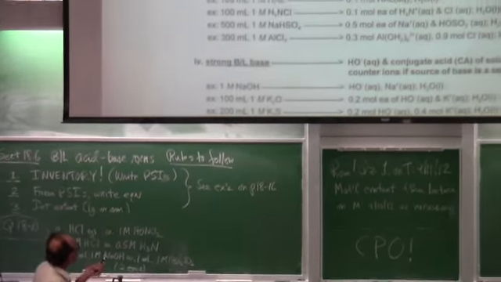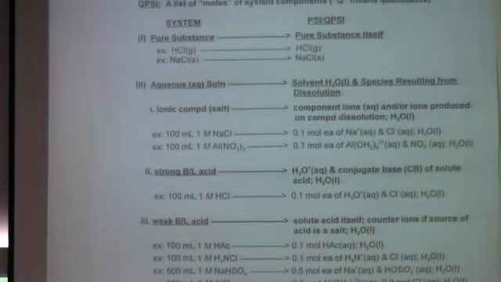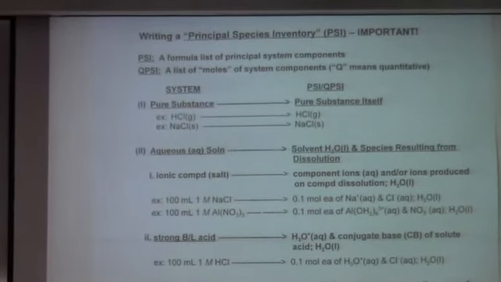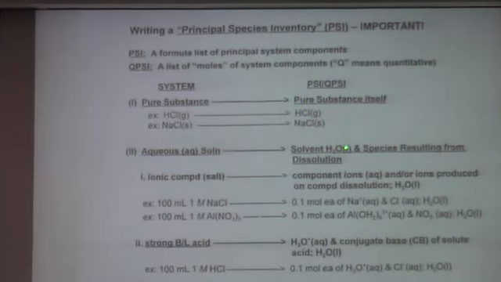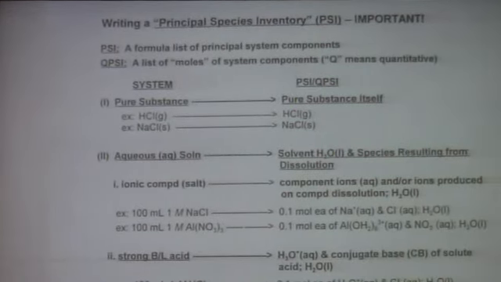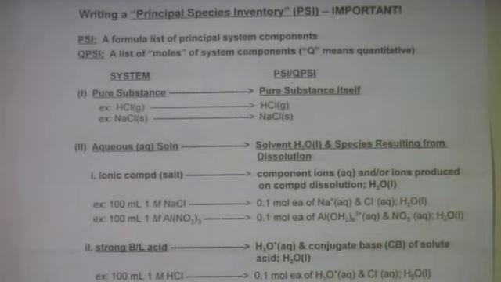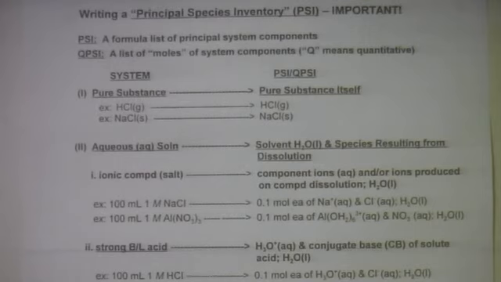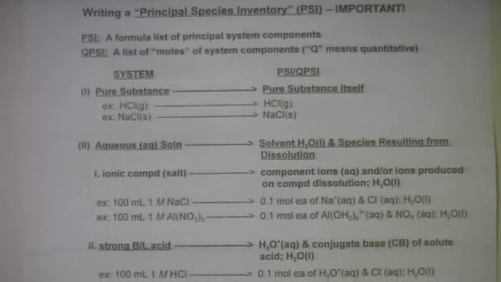System, pure substance, inventory, the substance itself. Water solutions, the second possible system. In any water solution, the main ingredient will always be water itself. So that's always going to be part of the principal species inventory. What else is in the system?